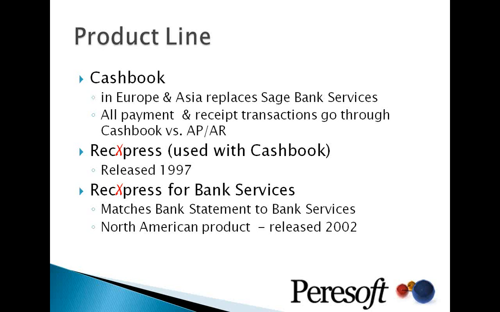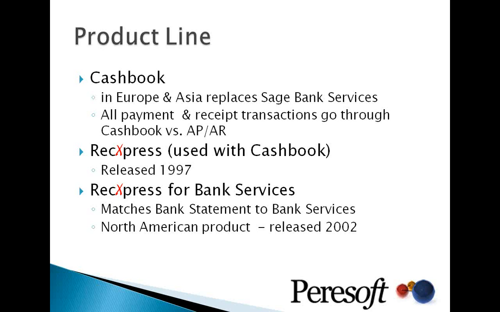Just to familiarize yourself a little bit with the Parasoft product line, they develop a product called Cashbook, which is available in Europe and Asia, and it actually replaces the Sage Bank Services module that we're familiar with here in North America. That product would be used for all payment transactions and receipt transactions that here would go through your AP or AR.